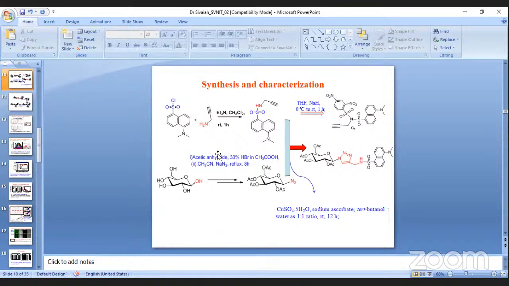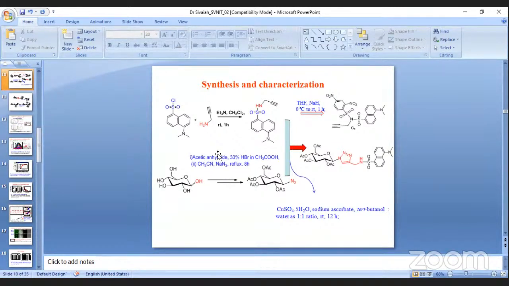And finally you can see the triazole-linked glycoconjugate of the dansyl moiety. We isolated it by extraction with DCM, dichloromethane, and then purified by a chromatographic method, and finally you get a pure yellow colored compound.